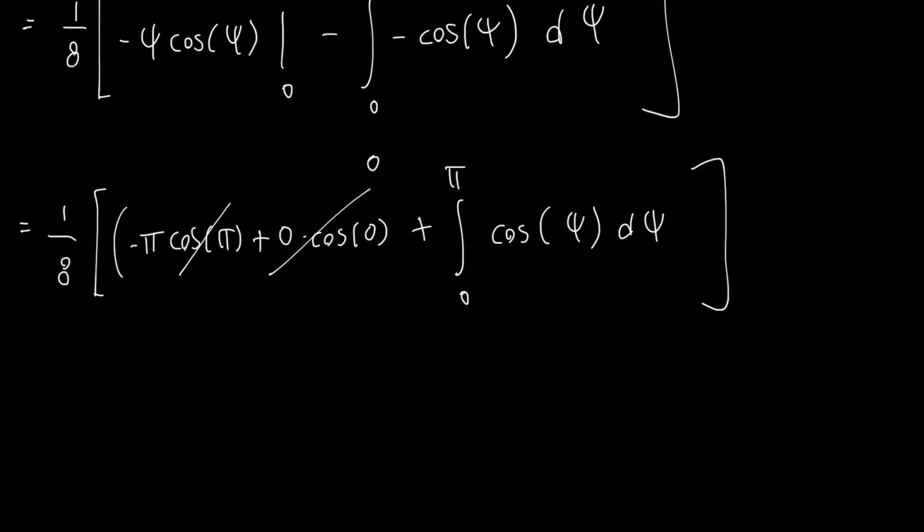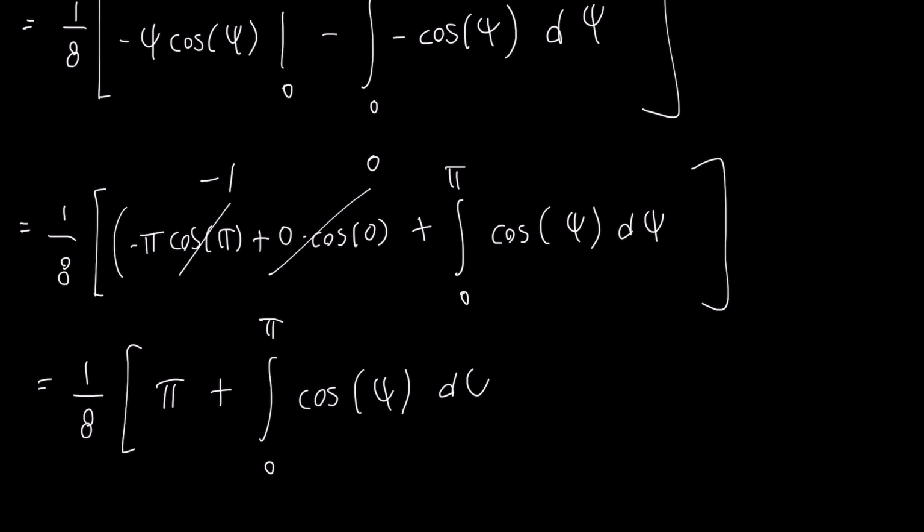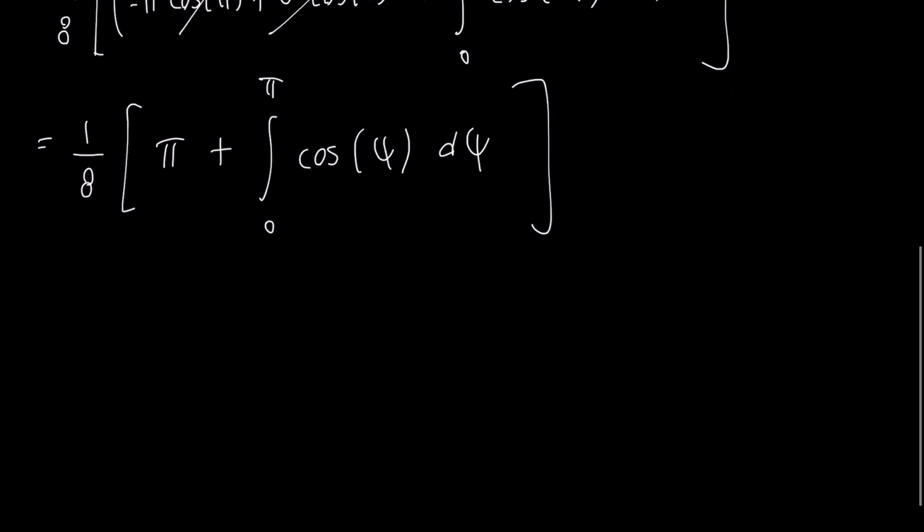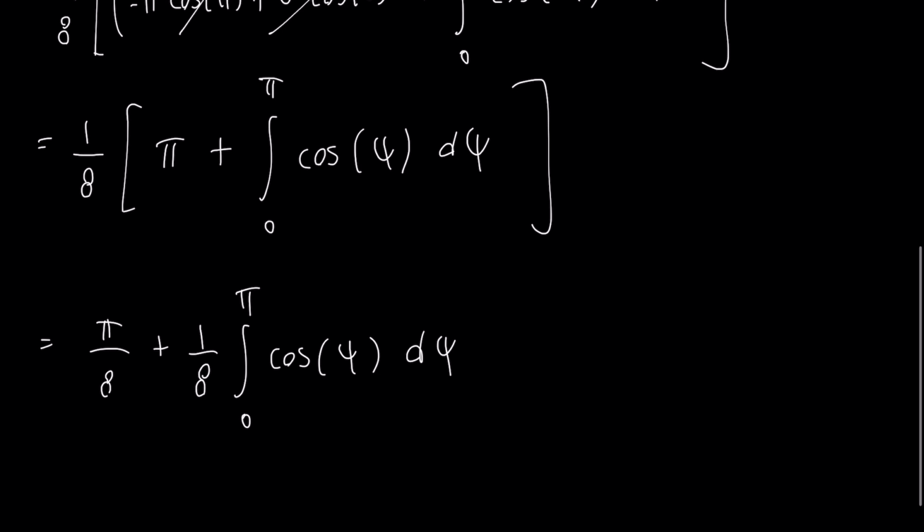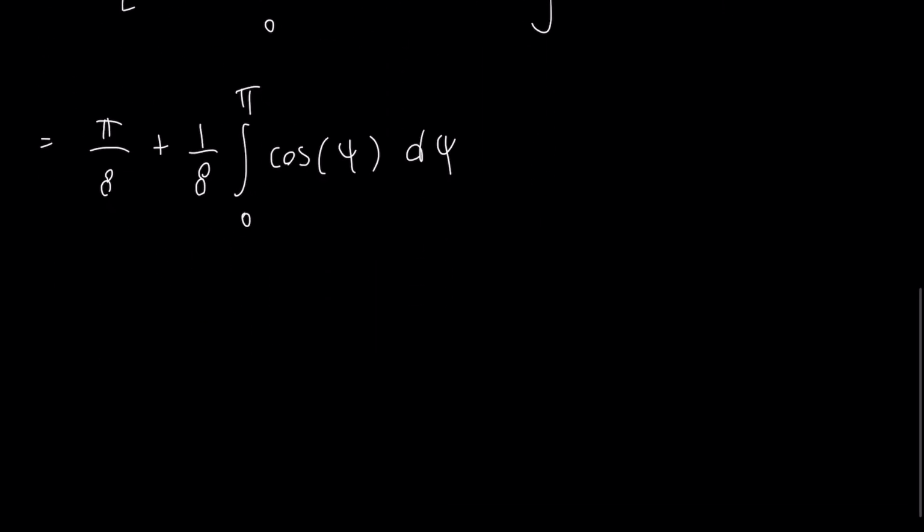Cosine of pi is negative 1, but two negatives make a positive, so we have 1/8 times pi plus the integral from 0 to pi of cosine psi d psi. So this is just equal to pi over 8 plus 1/8 the integral from 0 to pi of cosine psi d psi, and all that's left is to evaluate this integral.